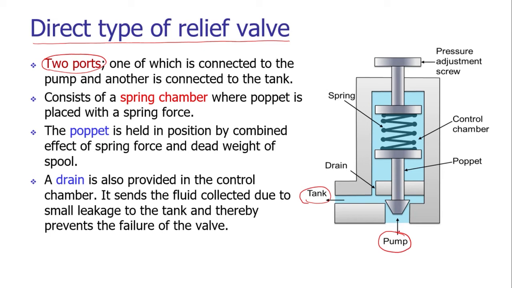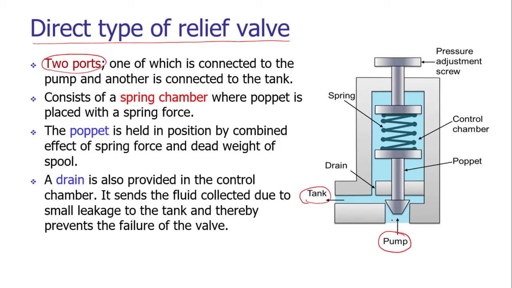When the pressurized fluid coming inside the valve has pressure more than the specified or predetermined pressure, then the valve will get actuated, and it will drain, it will bypass the excessive pressurized fluid to the tank.